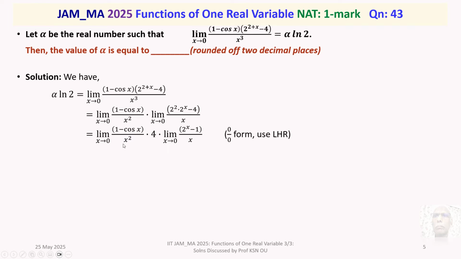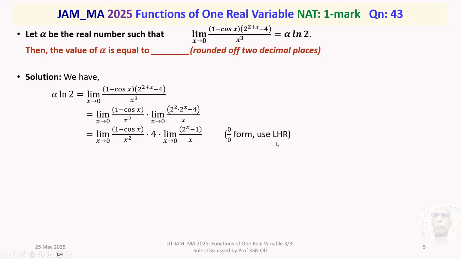Look at the functions. As x tends to 0, 1 minus cos x by x square is 0 by 0 form, and as x tends to 0, 2 power x minus 1 by x is also 0 by 0 form. Use LHR, the L'Hopital's rule.